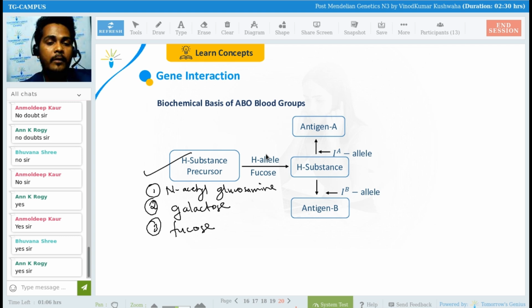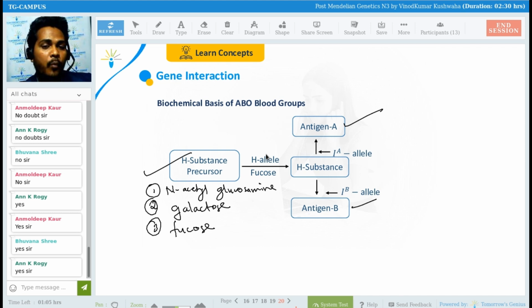These are the 3 important monosaccharides from which H substance is formed. So antigen A and antigen B are derived from this H substance by the addition of terminal galactose sugar. You can see how this is antigen A, antigen B, right? Both are derived from the H substance because of the presence of terminal galactose sugar.